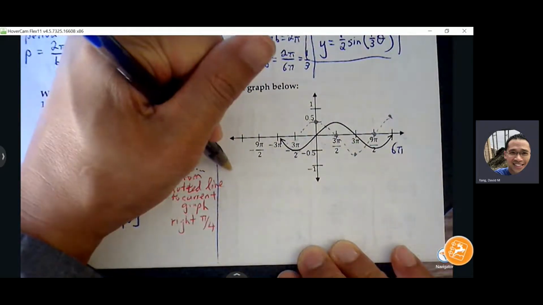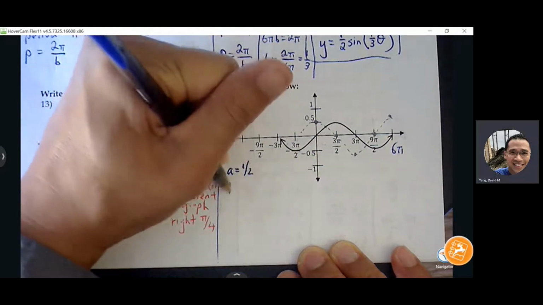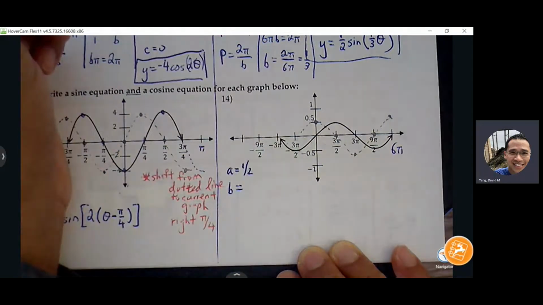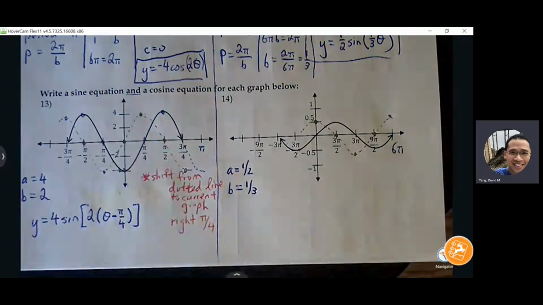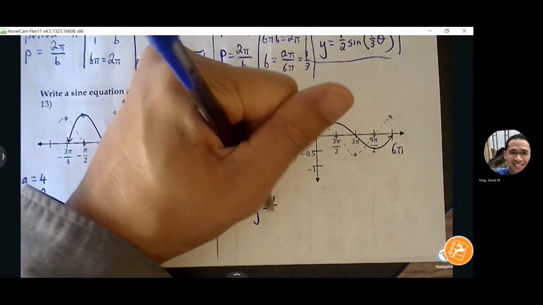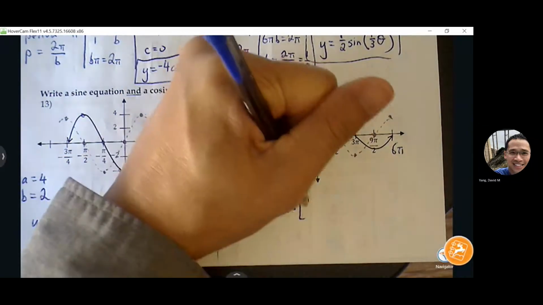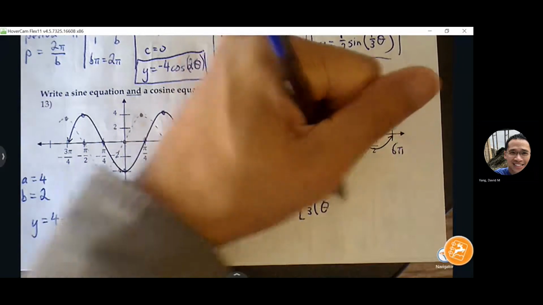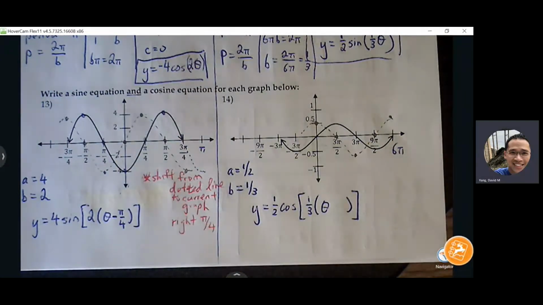What's our A value for this cosine graph? Still 1/2, yep. Our B value is still 1/3, right? So that's easy. All right, so let's build this cosine graph. And now the last thing we need to do is to figure out that C value.